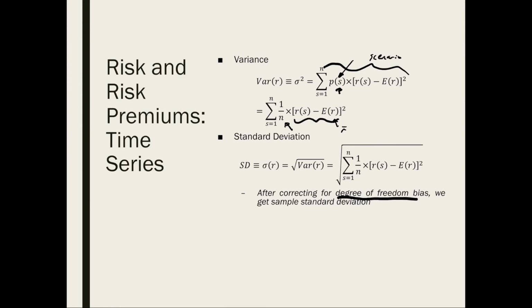So what you can do is eliminate your bias by multiplying by n over n minus 1, or simply taking the sum of the squared deviations, and instead of dividing by n, you divide by n minus 1.